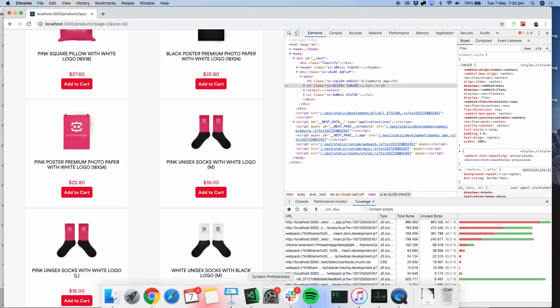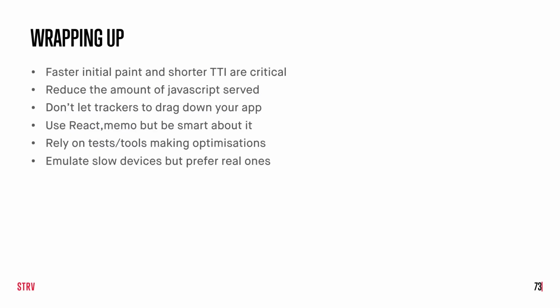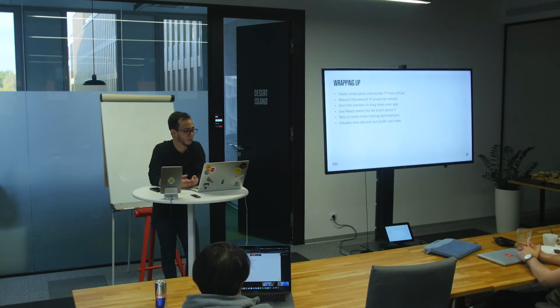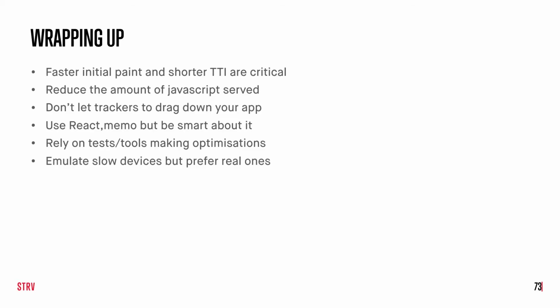And yeah, I guess let's go back here. So just wrapping up, just think about the TTI. It's really important for your users. It's been proven, as I mentioned, that it will turn into conversions. And even if it doesn't turn into conversions, just be nice to your users. Reduce the amount of JavaScript you serve.